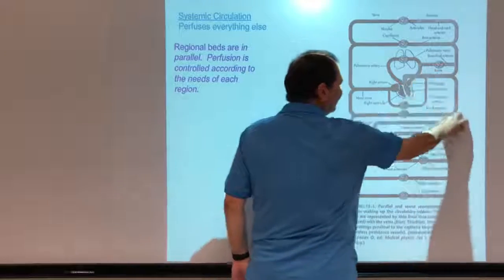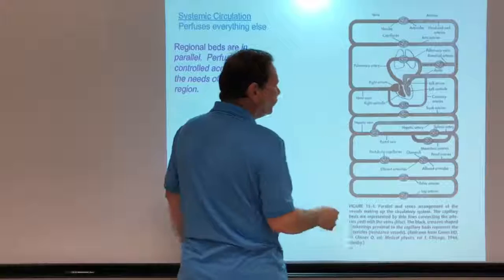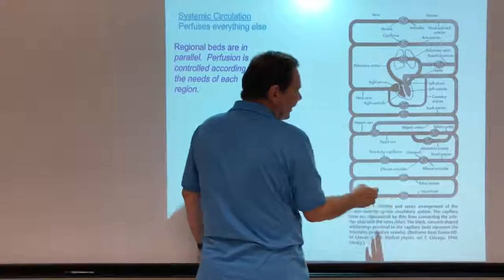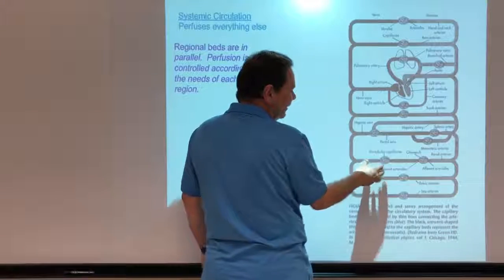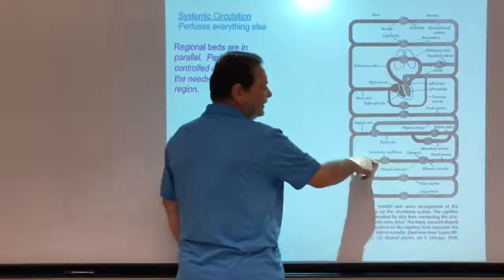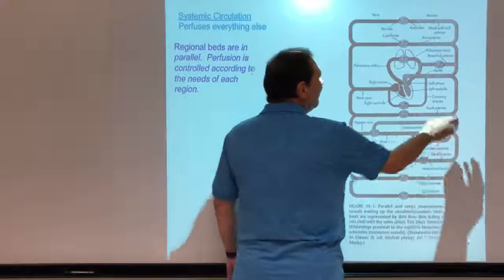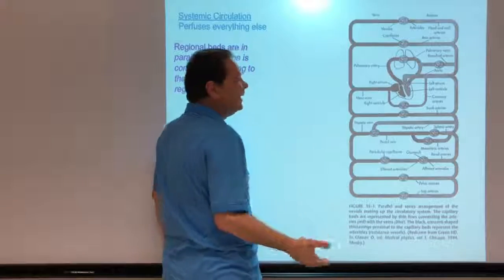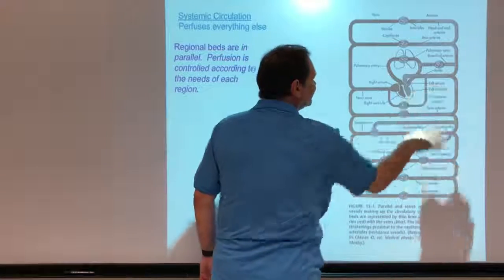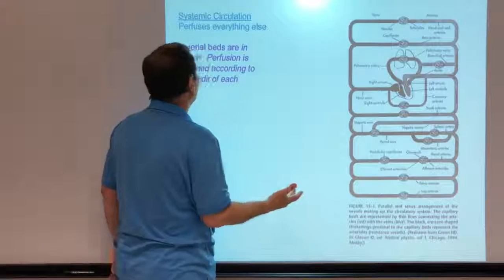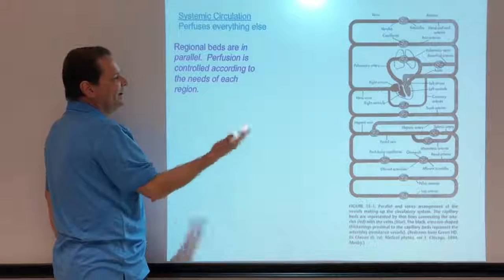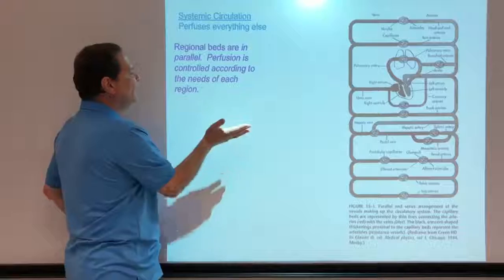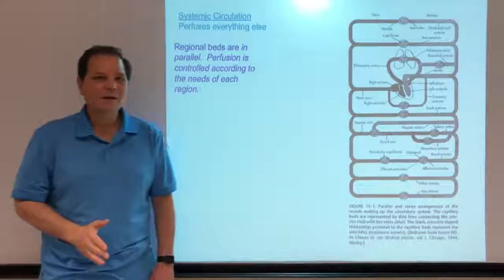The cardiac output is split from here, and the flow through the liver is part of the cardiac output. At the same time, the kidneys get part of the cardiac output. All these systems get part of that 5 liters per minute. And because that 5 liters per minute is broken up into parallel circulations, we say that these beds are in parallel with each other, okay?